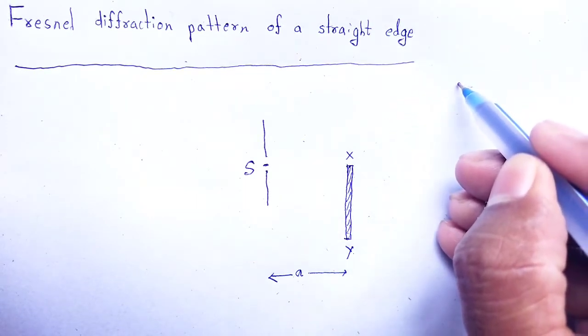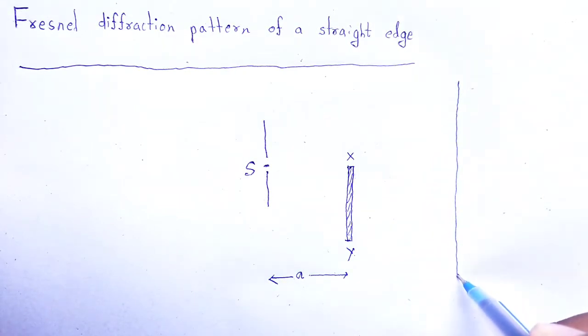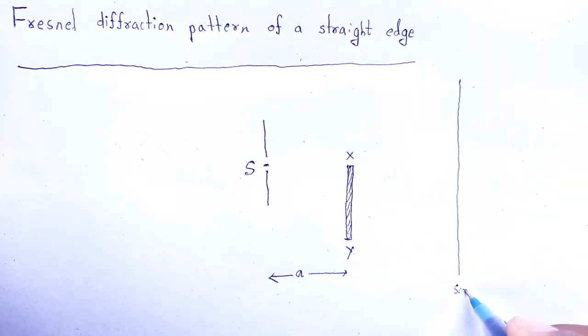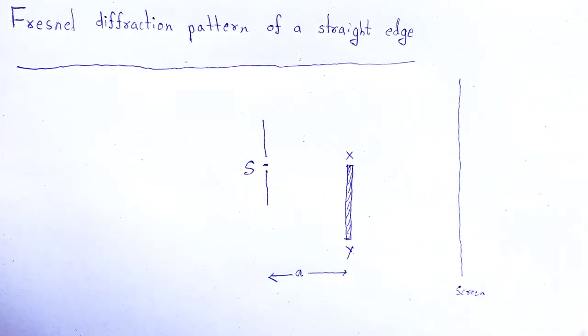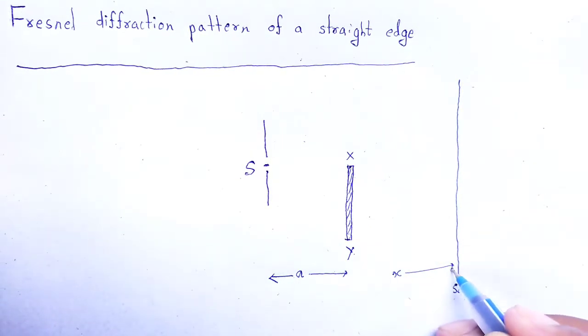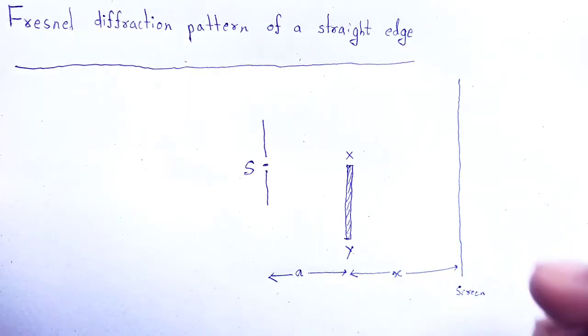Here we place a screen, which is at a distance x from the obstacle or straight edge XY.